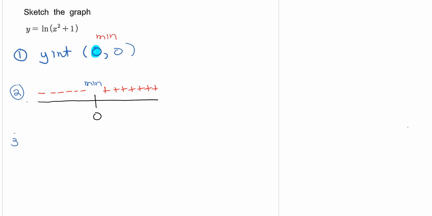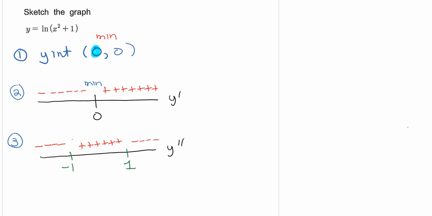Okay, third step here, I will give you the results after working with the second derivative, and the values I have here are now -1 and +1, and the results would be negative in this region, positive in this region, and negative in this region. And that means you have an inflection point here and an inflection point there.